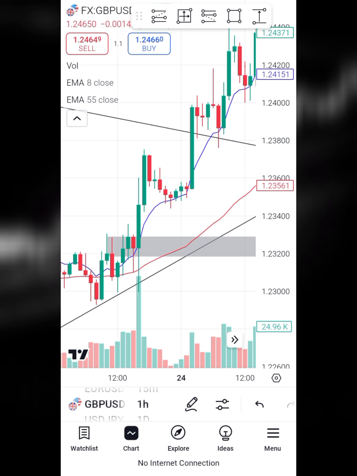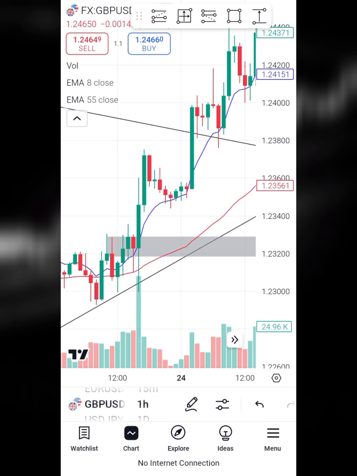Earlier on I had said that I was expecting the market to come down so I could take a sell trade. But if you look right here, you notice that it actually broke through this downtrend line, which I also used as my resistance line. Both trend lines can also be used as support and resistance lines, but in this case I just decided to use this one, though I have another one up here.